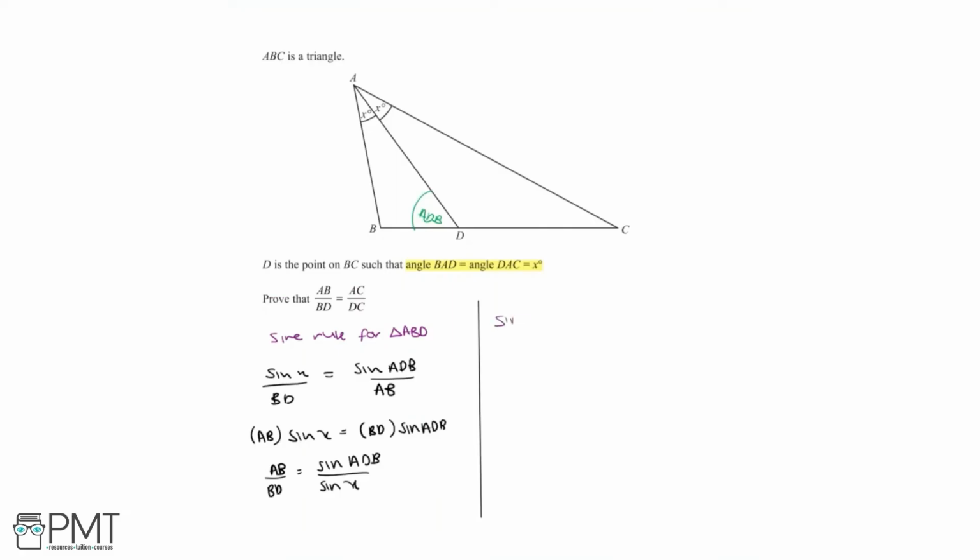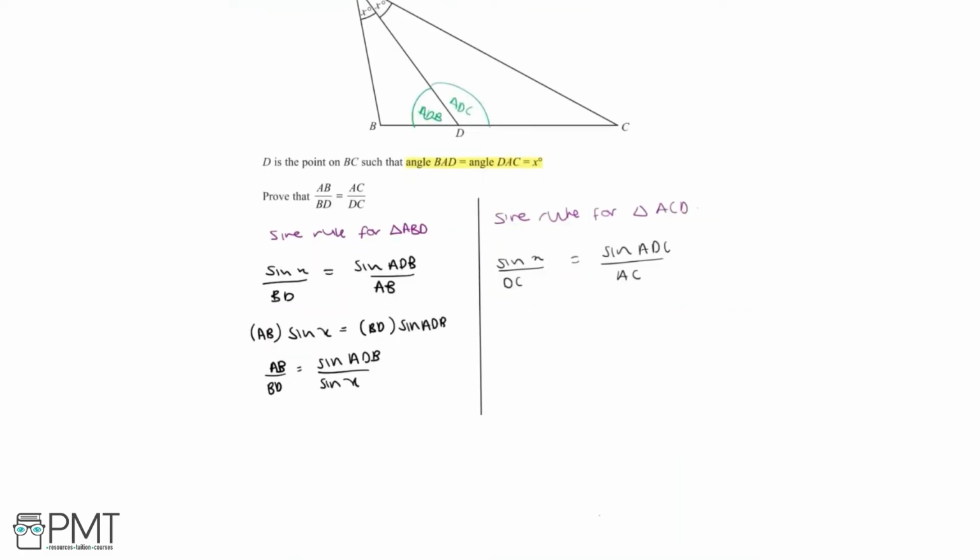Again, we can use the sine rule. Using the sine rule, we can say that sine x over DC is equal to sine ADC over AC. And let's label in angle ADC. And so sine x over DC is equal to sine ADC over AC.